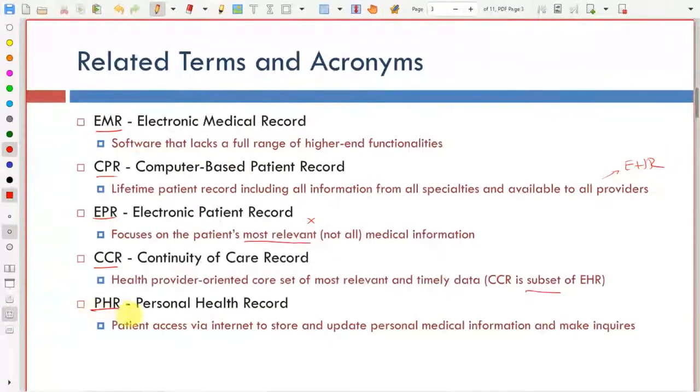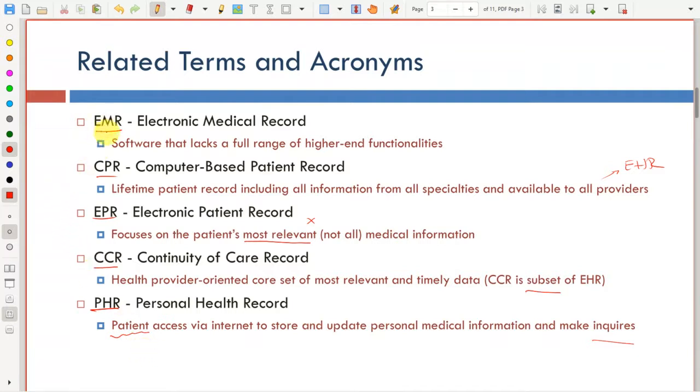PHR stands for personal health record. What they call it here is patient access via internet to store and update personal medical information and make inquiries. So this is intended for the patient. But as we're going to learn, EHR should be accessible by the patient, the doctor and the healthcare provider.